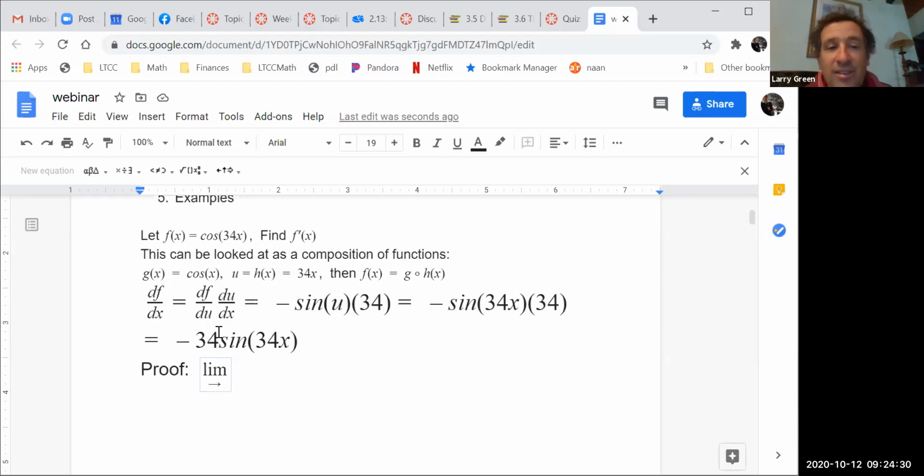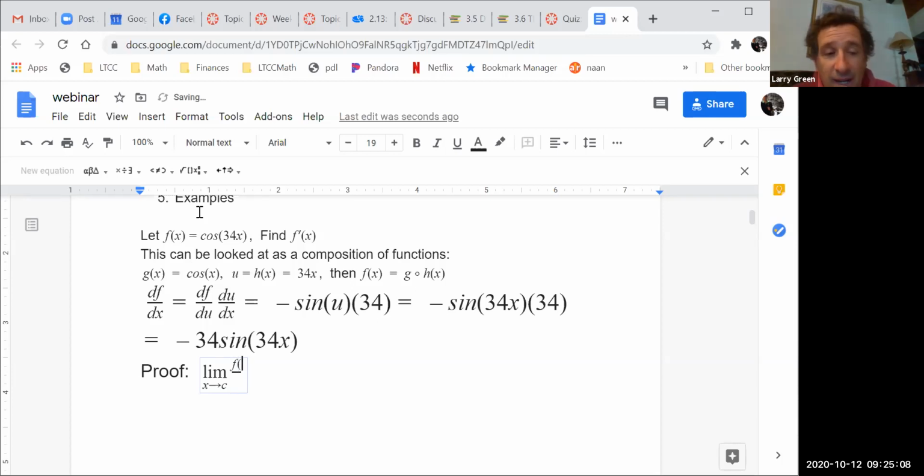Okay, the limit as x goes to c. Good. So we're going to take the limit as x approaches c, and now we need a fraction. What is the numerator of the fraction? I'll start you off: f. You remember?